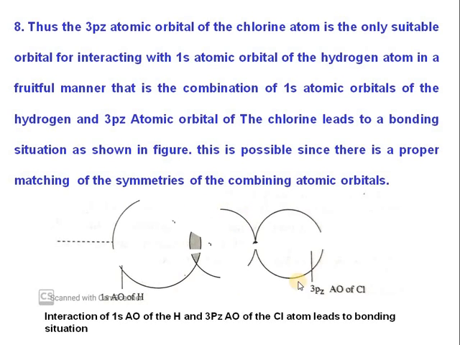But in these diagrams, the atomic orbitals are symmetric in nature, so with vertical overlap, both the 1s atomic orbital of hydrogen and the 3pz atomic orbital of chlorine are greatly overlapped with each other, giving a positive overlap, and therefore such bonding is preferred as compared to the 3py and 3px atomic orbitals of this chlorine.